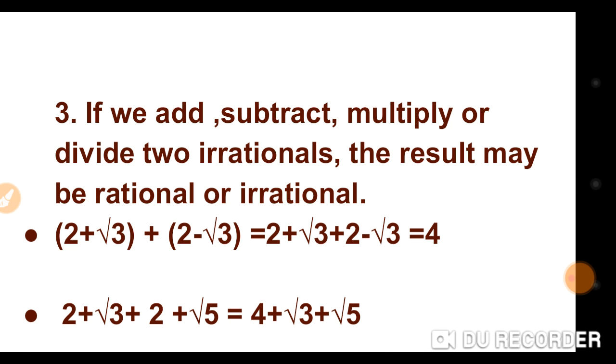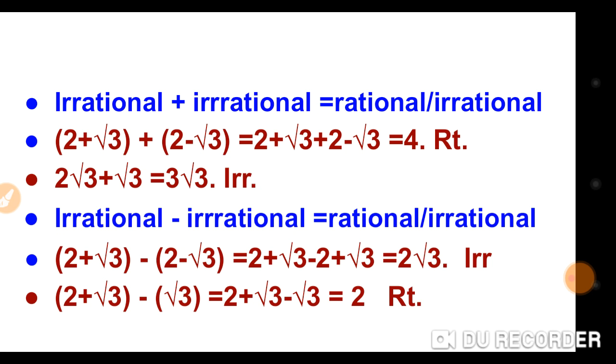But when we add 2 plus root 3 with 2 plus root 5, we get 4 plus root 3 plus root 5. So here one solution is 4 and another one is 4 plus root 3 plus root 5. One is rational and another one is irrational. So irrational plus irrational is sometimes rational or sometimes irrational.